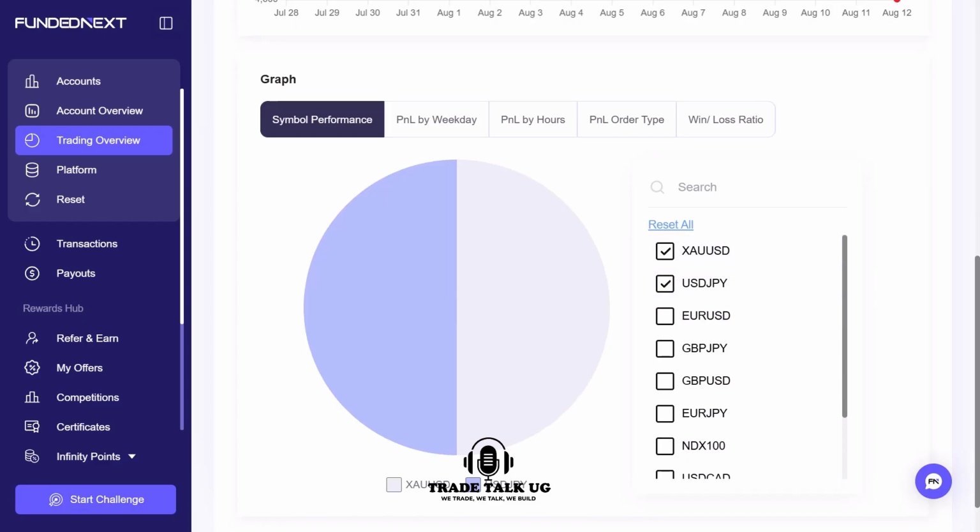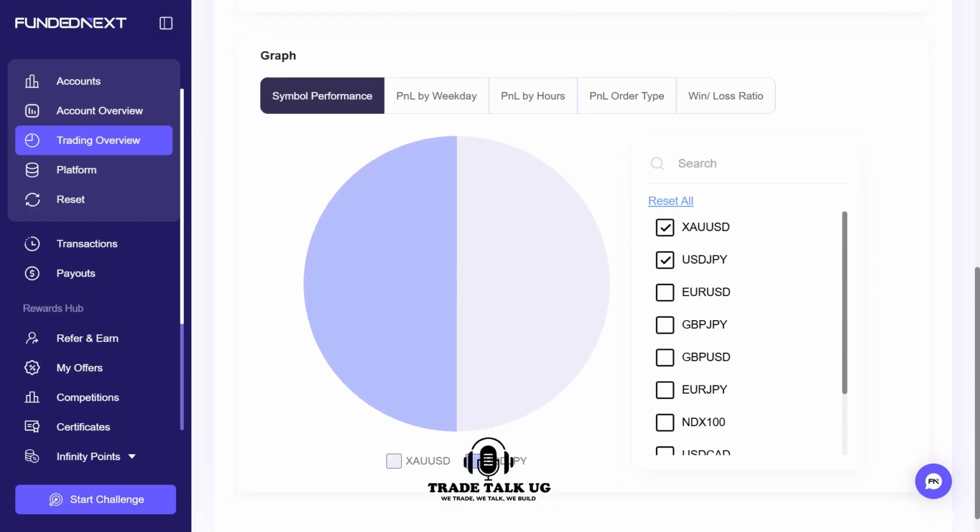You can see some of the pairs which I over traded. One of them was USD, and the quick advice is, when you're trading a FundedNext account or any funded challenge account, in your watch list at least remove gold, that is XAUUSD.